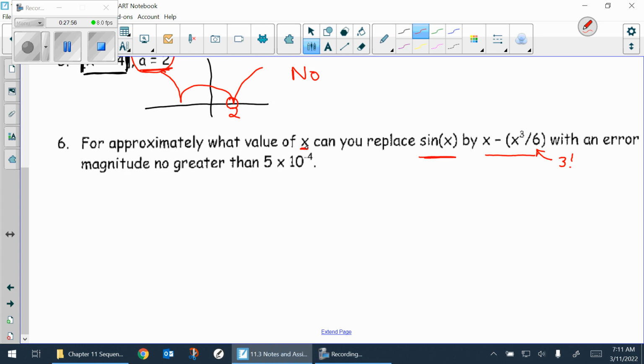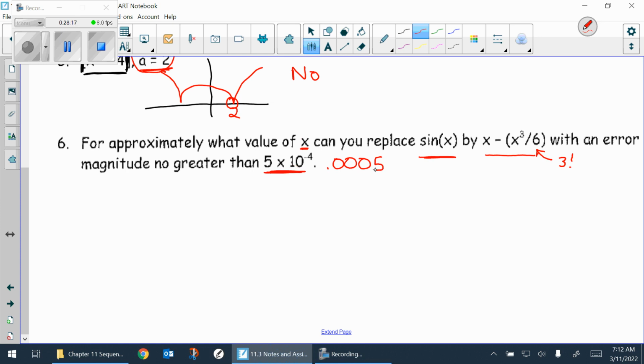What values of x can I use so that the magnitude of the error is smaller than 0.0005?